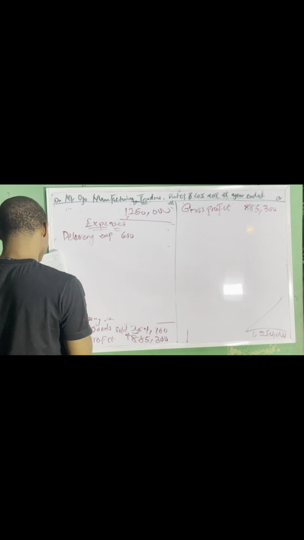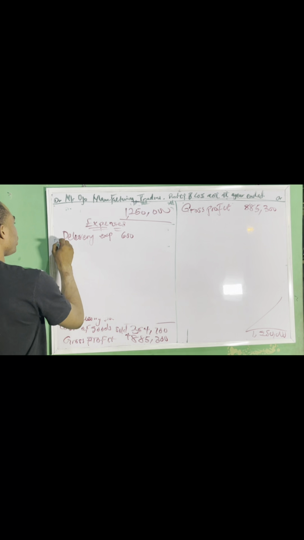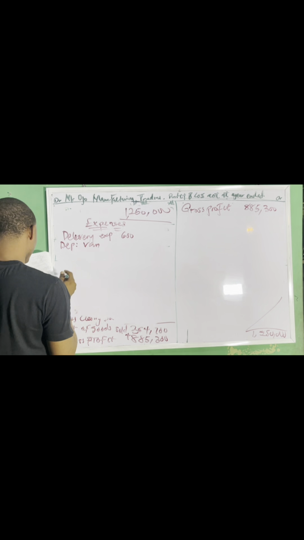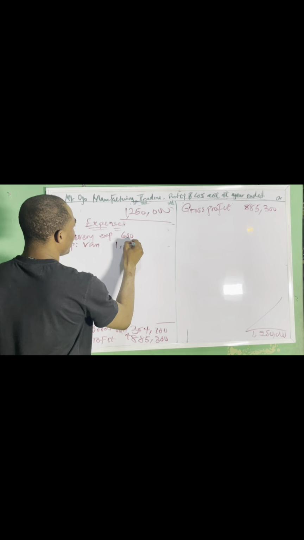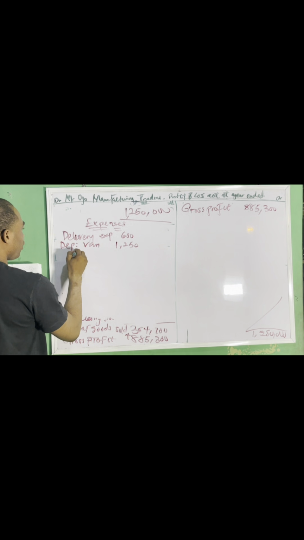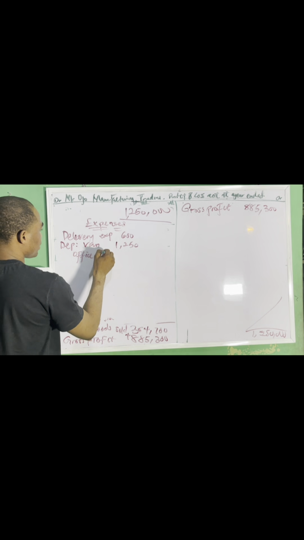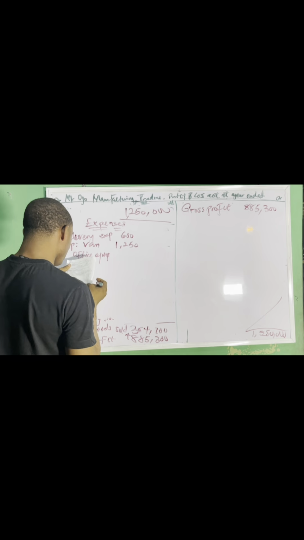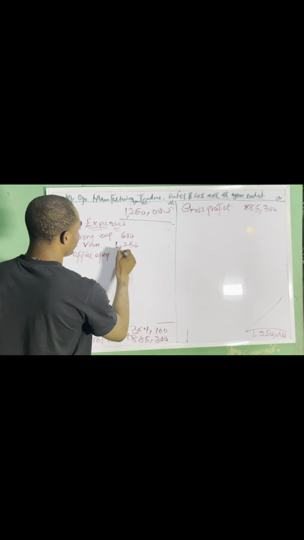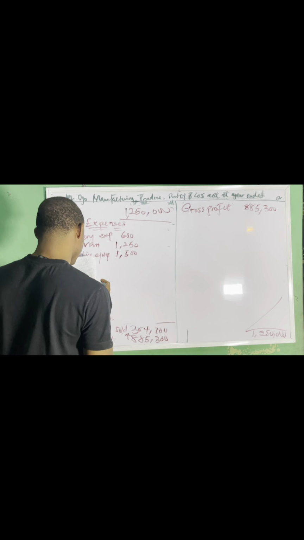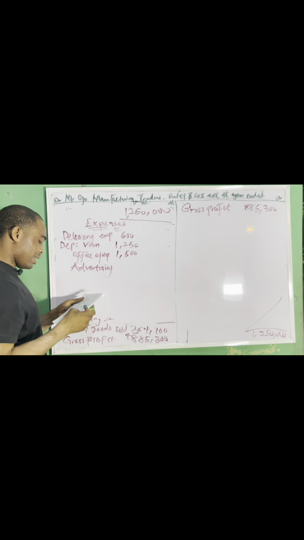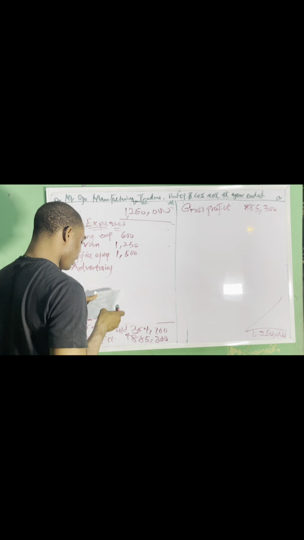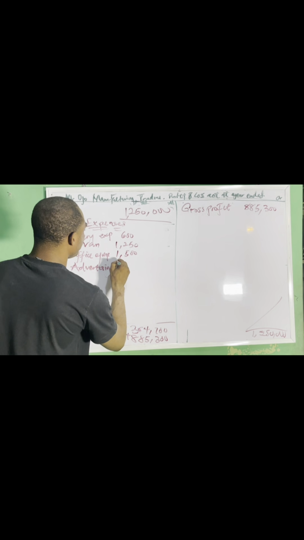Then I can see depreciation on van, which is 1,250. Then we have depreciation on office equipment, which is 1,500. Then advertising, which is under non-manufacturing expenses, is 5,250.